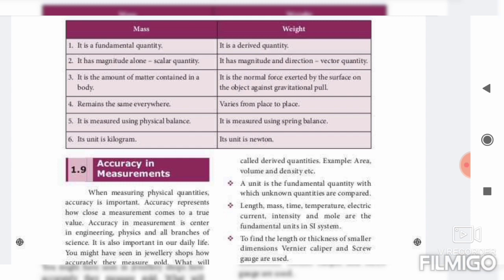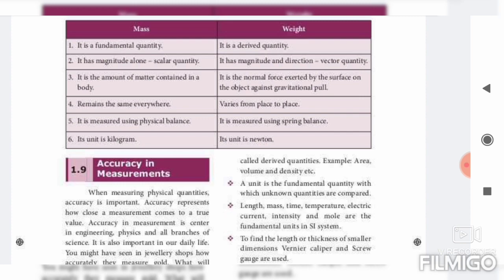Weight is the normal force exerted by the surface on the object against gravitational pull. Mass remains the same everywhere, weight varies from place to place. Mass is measured using a physical balance, weight is measured using a spring balance. The unit of mass is kilogram and the unit of weight is Newton. Okay, students, you should learn all these questions well.